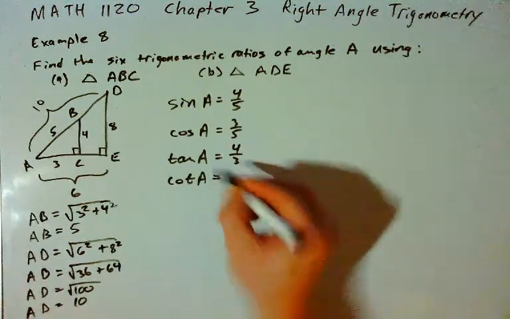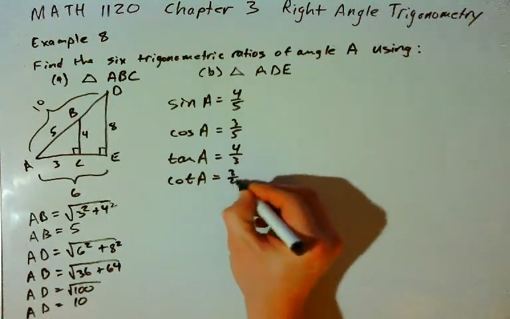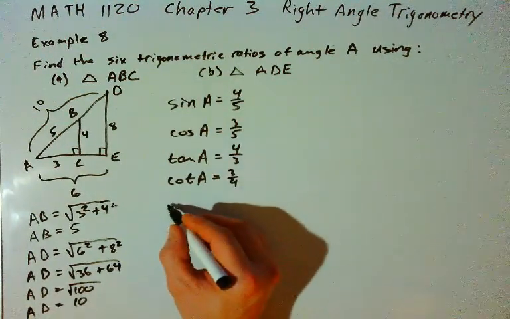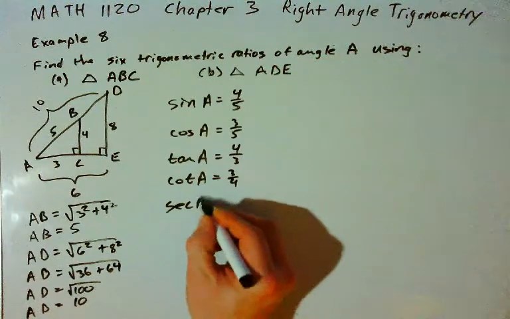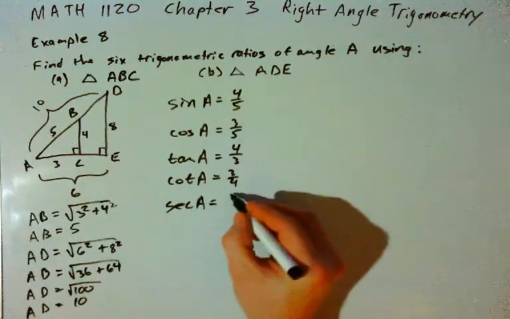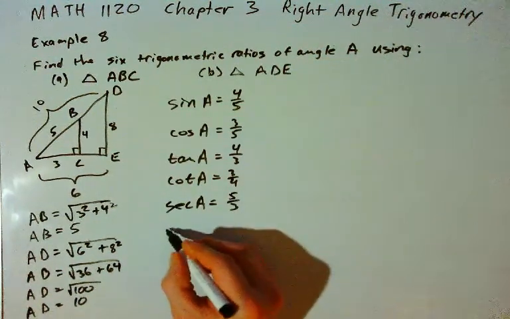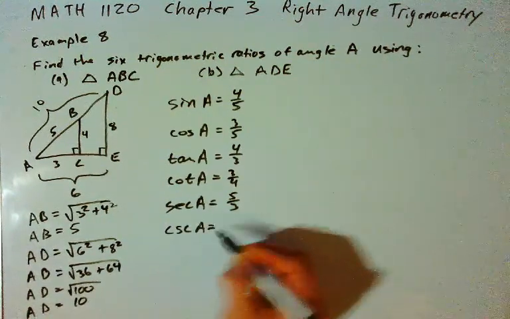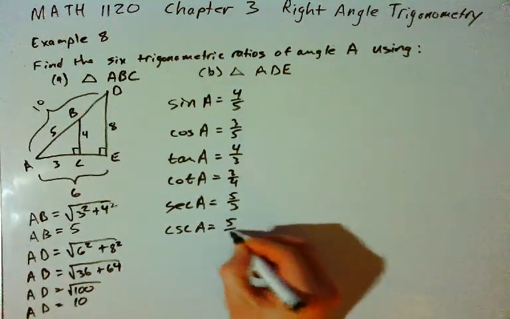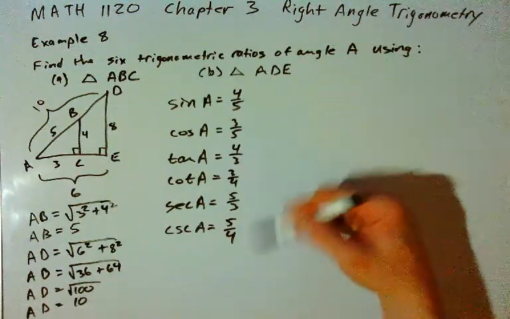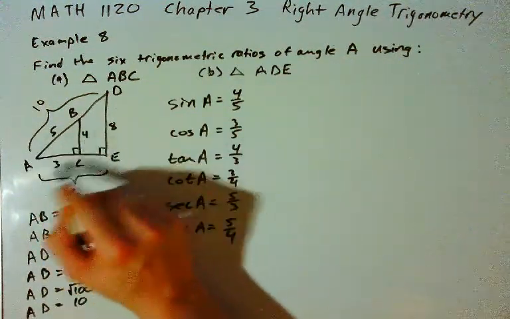The cotangent is the reciprocal of the tangent, so it's 3/4. The secant is the reciprocal of the cosine, so that's 5/3. And the cosecant of A is the reciprocal of the sine, which is 5/4. These are the 6 trigonometric ratios for the smaller triangle.